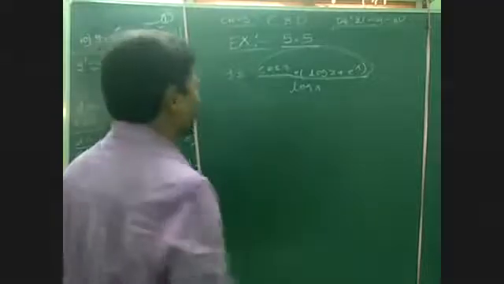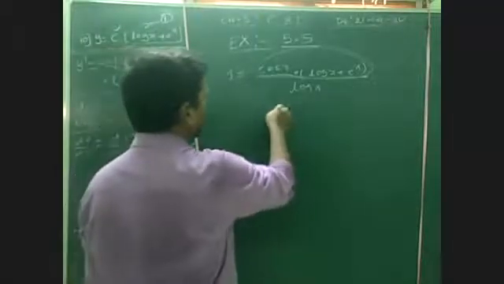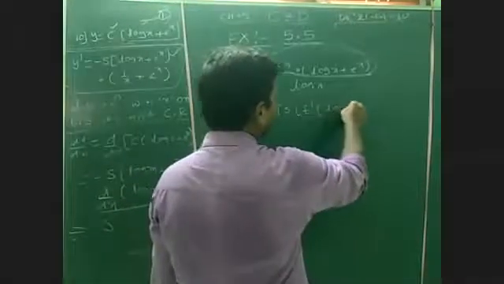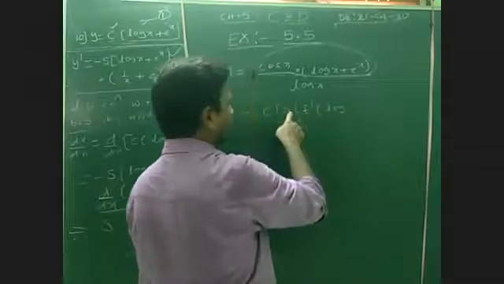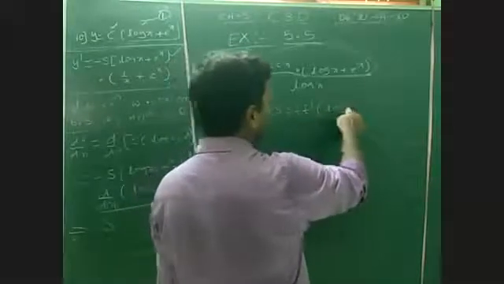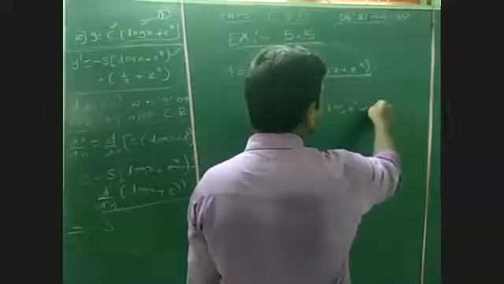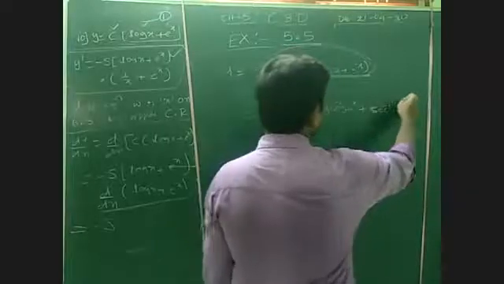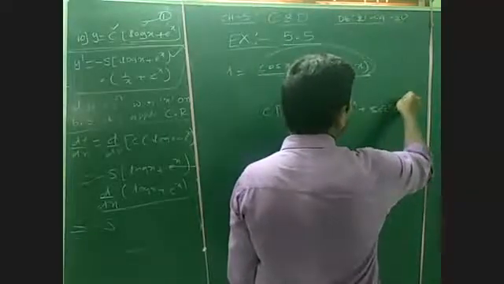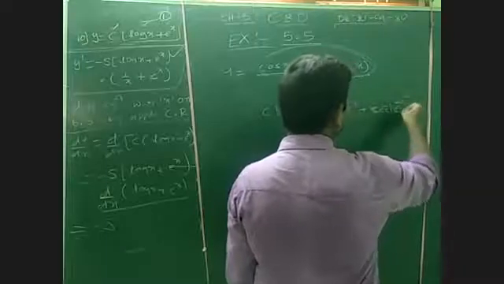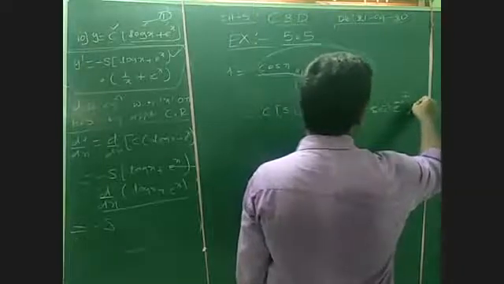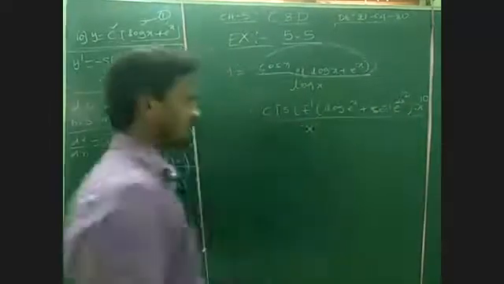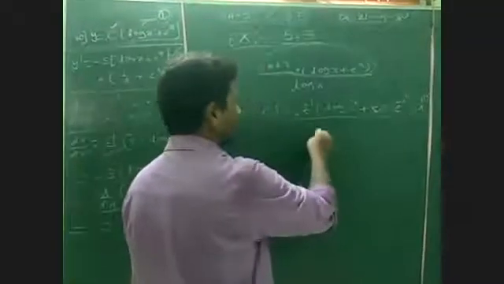For example, a very big function like cos of, sin of, tan inverse of, log of, e power x plus secant inverse x power e power x square, or minus x square into x power 10 by some log x.